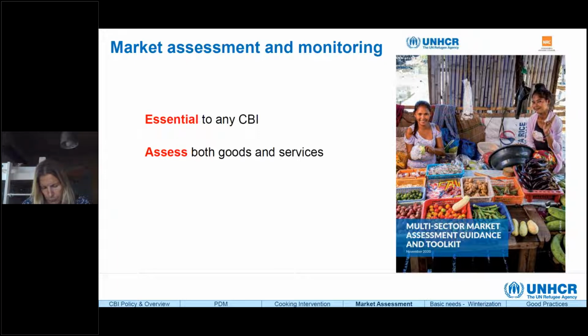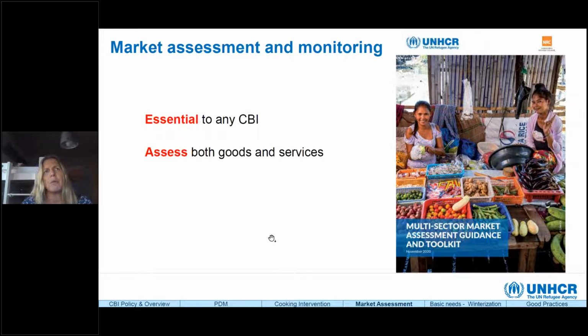The markets, of course, are very key, and much has already been said about that too. But we have a new multi-sectoral market assessment guidance and toolkit that we developed together with the Norwegian Refugee Council, and had a lot of other agencies and NGOs involved in the steering committee. It basically gives you what to look at, including for energy, such as how you assess services, how you assess the goods, what the important steps are, and it's very simple guidance.